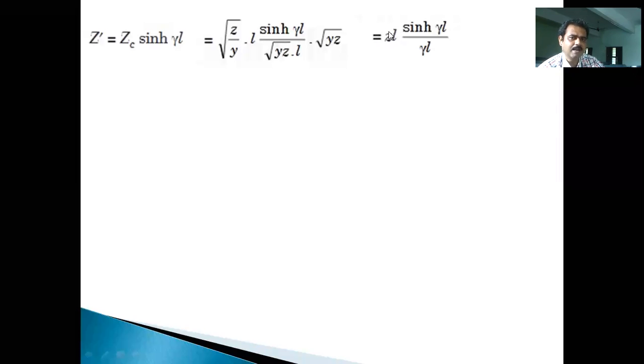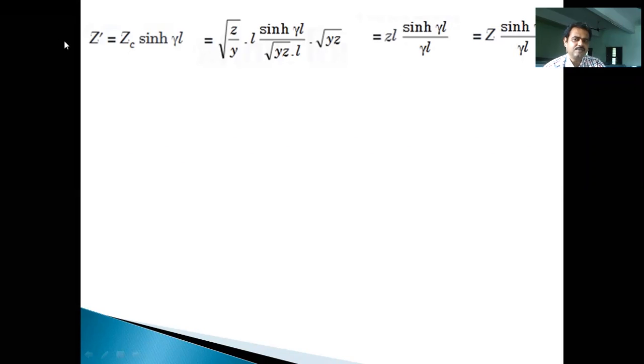So that is a lumped parameter that we have assumed: capital Z, sine h gamma l by gamma l. That is replaced with capital Z, the total impedance of the transmission line, Z into sine h gamma l by gamma l. If we observe these equations, z dash is equal to Z into sine h gamma l by gamma l, where Z is the lumped parameter, so z dash is the distributed parameter.